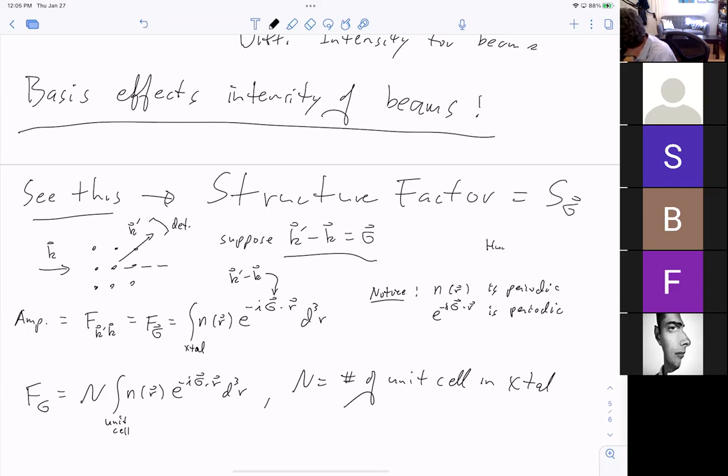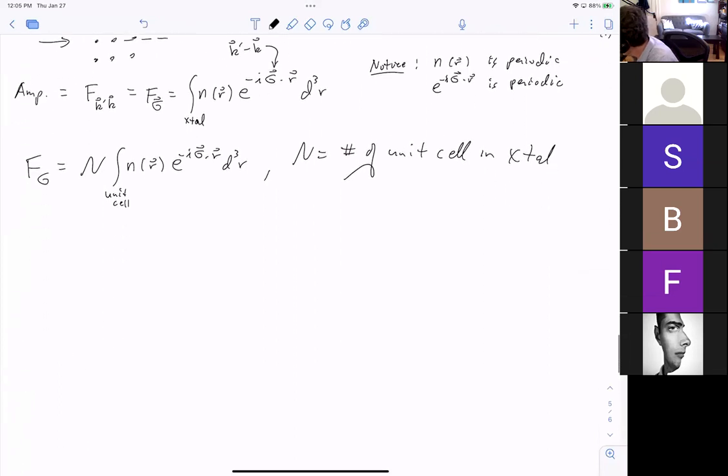Remember, we have Huygens' principle, which is that the scattered wave is just proportional to N of R. So we're doing this very trivial thing where we're just saying that the scattered wave is proportional to N of R.